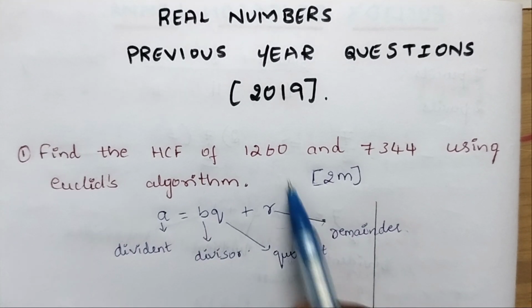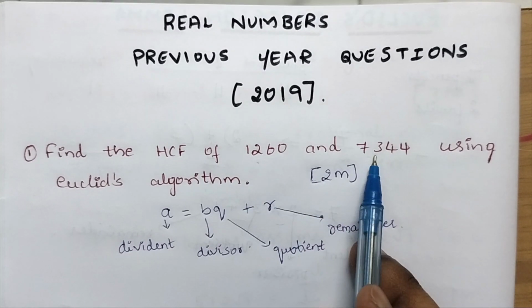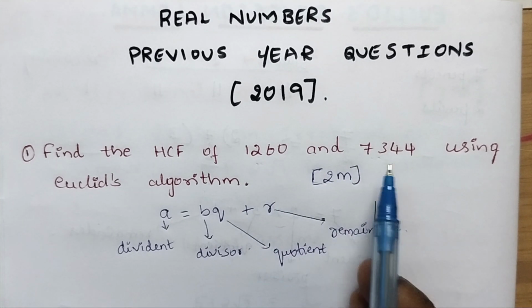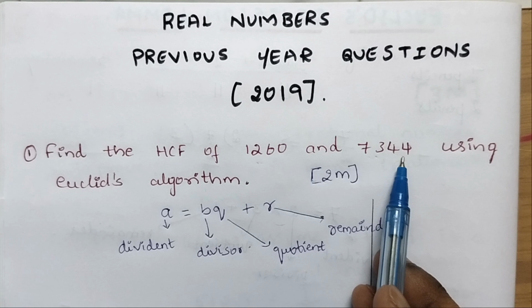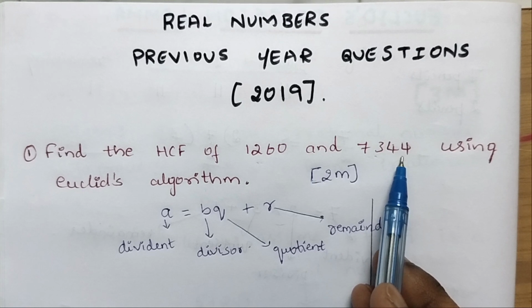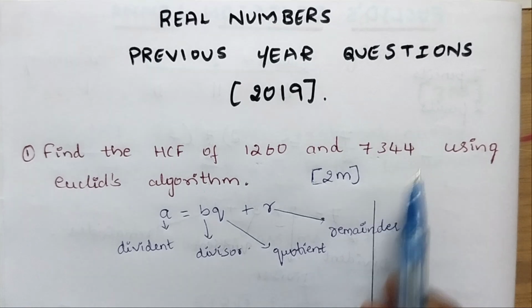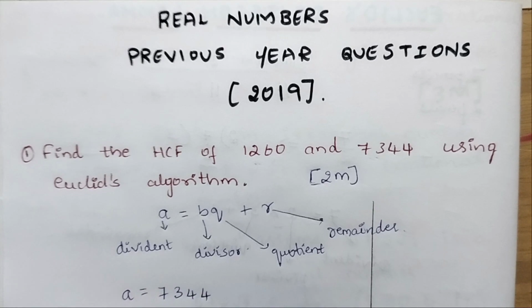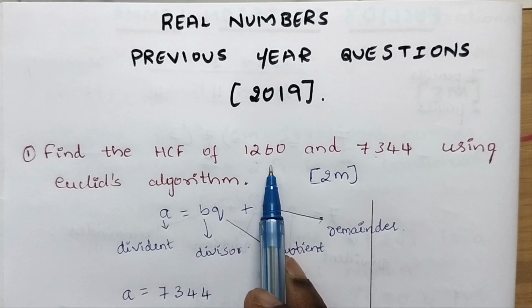So now we have to find the HCF of 1260 and 7344. Among 1260 and 7344, the greater number will be dividend. So here A is equal to 7344 and the lesser number will be our divisor.